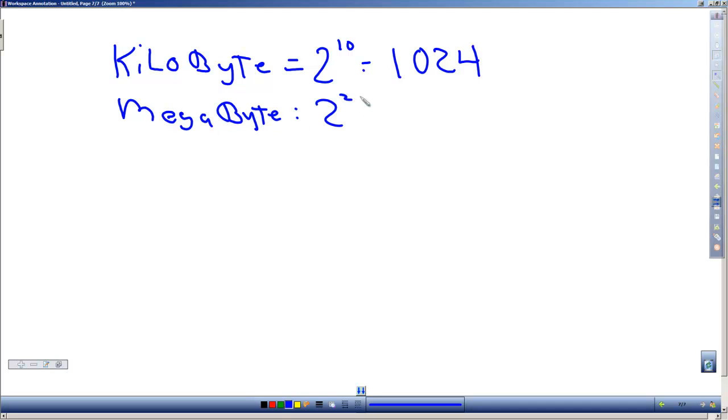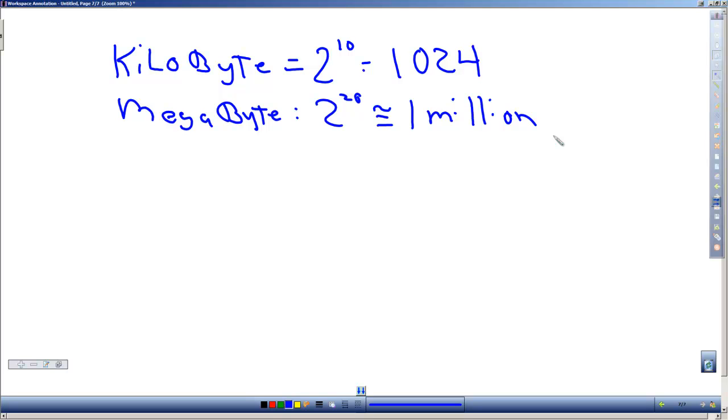We'll hear a megabyte. That's 2 to the 20th, which is a little over 1 million. And if you want to find out the exact number, you can get your calculator out. A lot of times today, when people talk about millions and later on billions, a megabyte, they actually round it to a million.